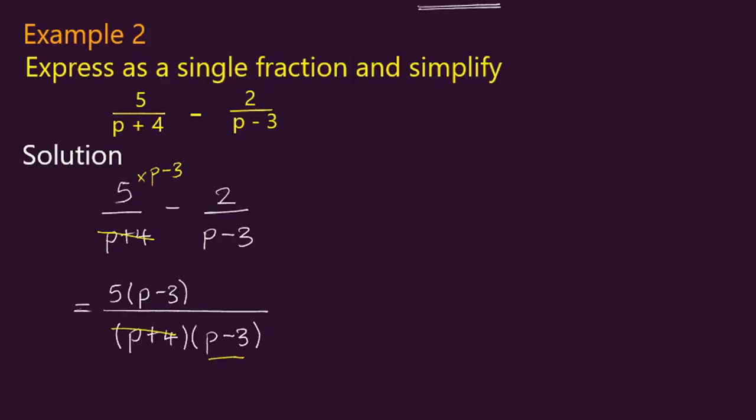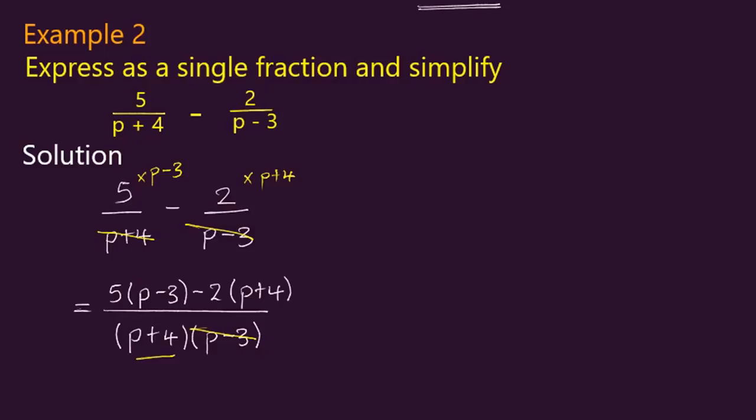Again, we go on to p minus 3 and we divide p minus 3 into the whole denominator. If we do that, p minus 3 will cancel out with p minus 3 and we'll be left with p plus 4, and that's what we multiply the numerator with. So we'll be having minus 2 of p plus 4.